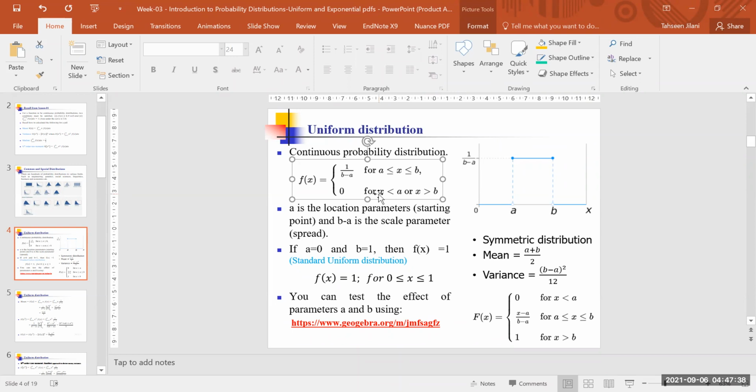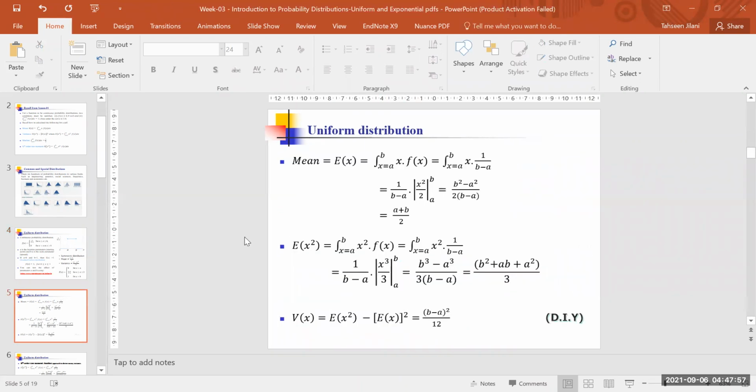That means if x is less than a or x is greater than b, then the function is 0. This is called otherwise, or elsewhere. In place of writing otherwise or elsewhere, I have placed the actual reason why the function is 0 outside of a and b.